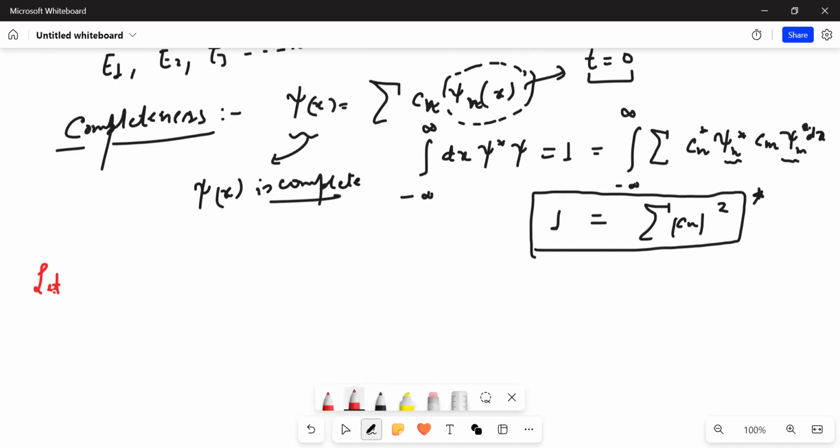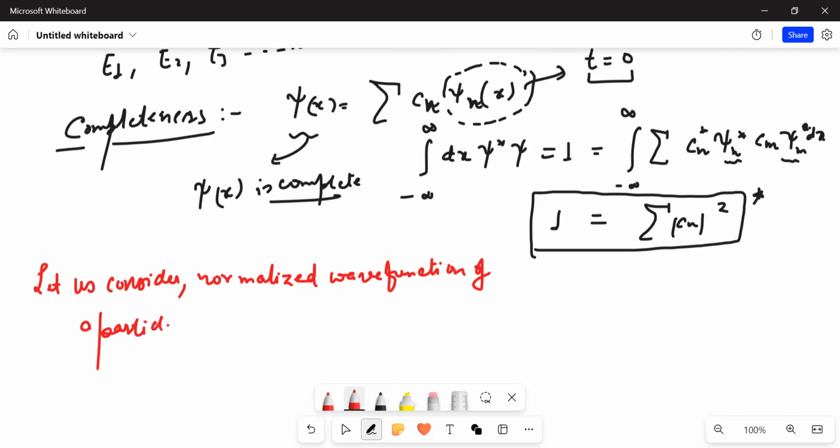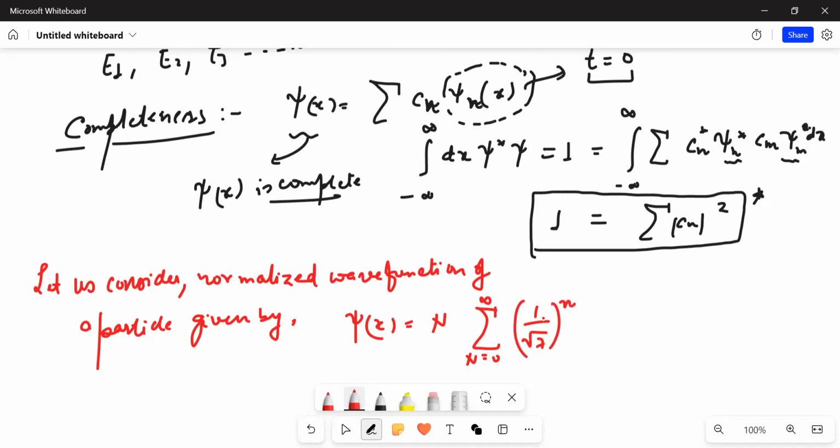Let us consider a normalized wave function of a particle given by psi(x) equals N times the summation from n equal to 0 to infinity of 1 upon root over 7 raised to the power n, phi_n(x). Here the phi_n are energy eigenstates corresponding to the Hamiltonian H. So these are the corresponding energy eigenstates.